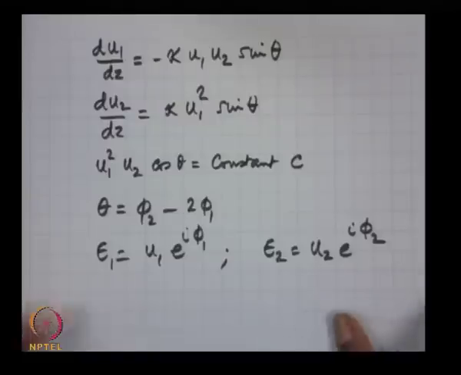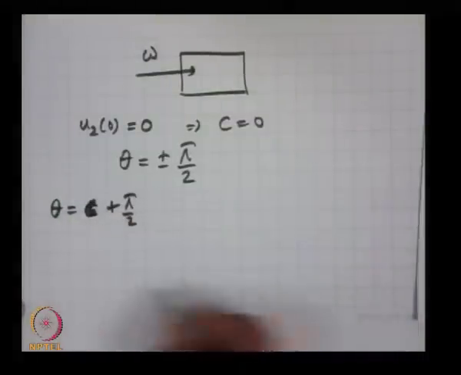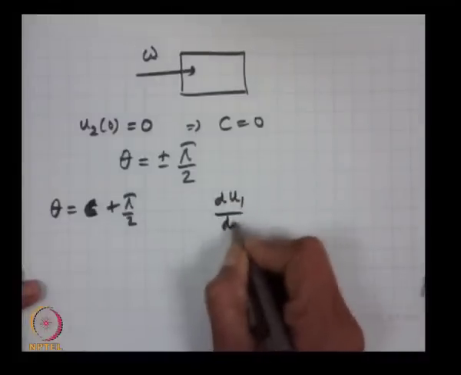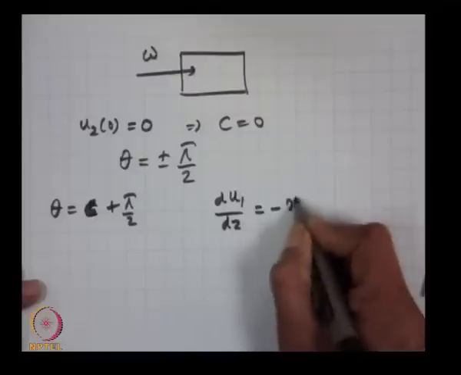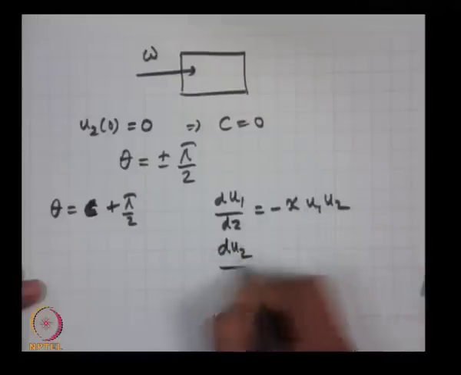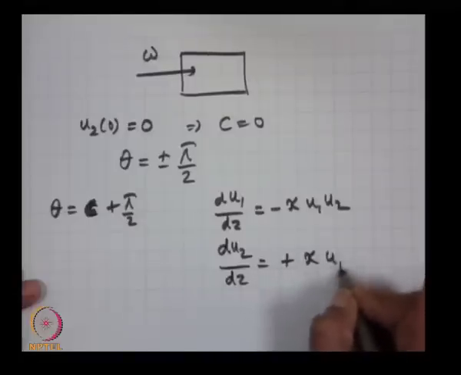The first thing is, suppose I assume theta is equal to plus pi by 2, which is what we did in the class earlier. Then you look at this equation. du1 by dz is minus kappa u1 u2, and du2 by dz is equal to plus kappa u1 square.